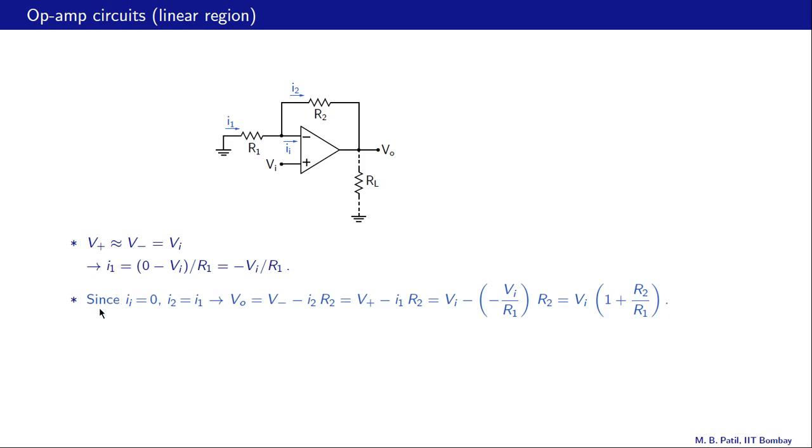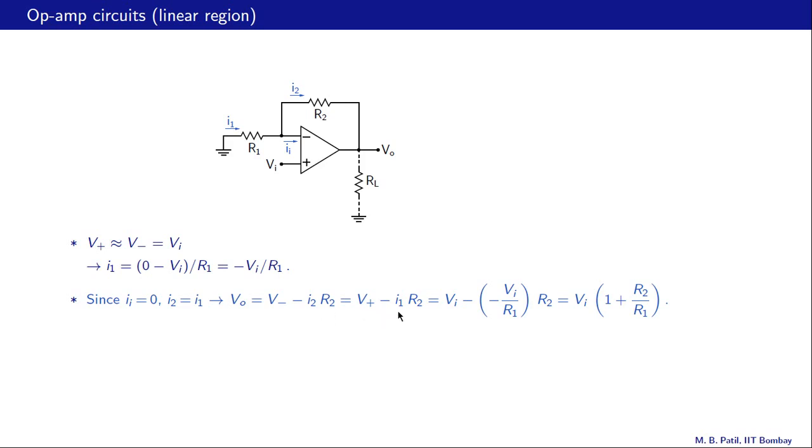Now since the op amp input current here is 0, I1 and I2 must be the same. And now we have a way to calculate VO. So what is VO? VO is this voltage V minus minus this voltage drop. So VO is V minus minus I2 R2. V minus is the same as V plus.